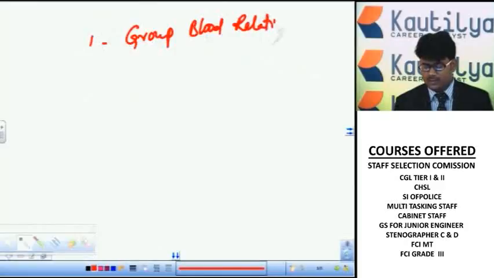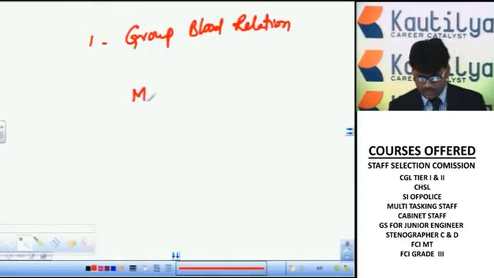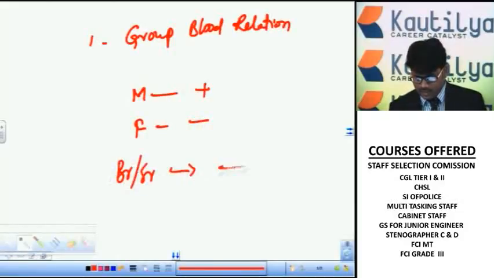First we have to remember some points about blood relations here. The male person is denoted by a plus symbol. The female person we denote by a minus symbol. Brother or sister relationships are indicated by a horizontal line. Parent and offspring relationships are represented by a vertical line. Wife or husband relationship is represented by a double implies symbol.